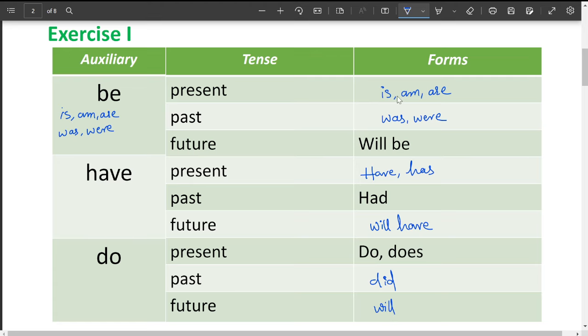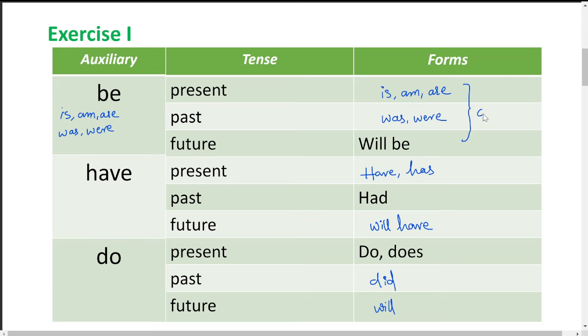Okay. So present be forms are is, am, are. Past be forms are was, were. Future be form, will be. These are the be forms used in the continuous tense case. Next, present have forms: have, has. Past have form, had. Future have form, will have.